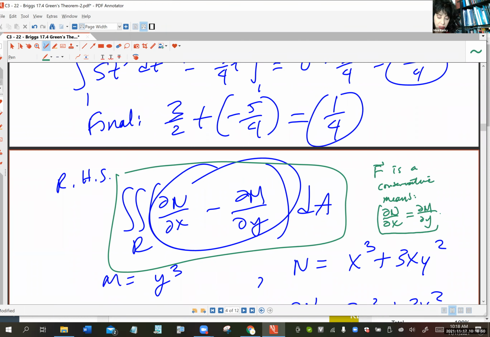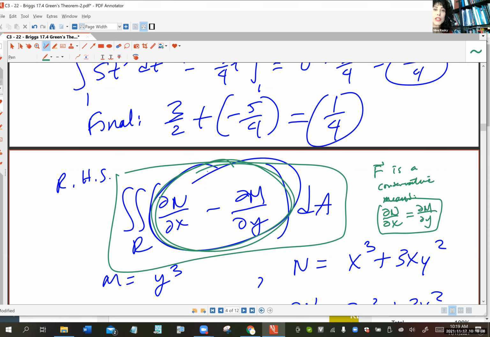So if these were the same thing, what would dN/dx minus dM/dy end up being? What would that result be? 0, exactly.